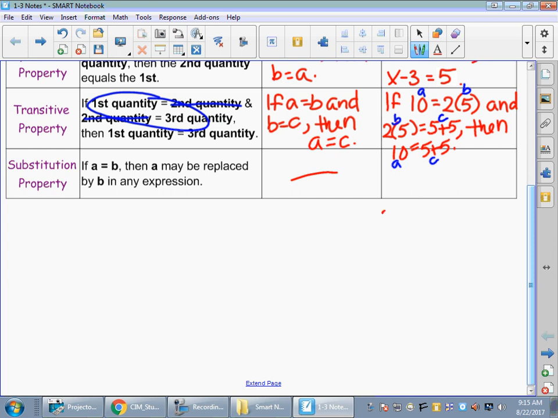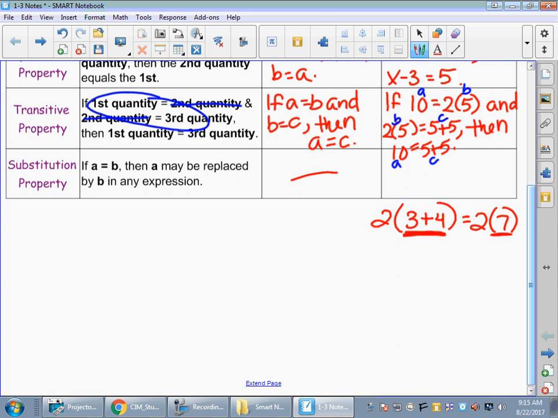So if I have 2 times the quantity 3 plus 4, that's equal to 2 times the quantity of 7. And what I did there, what changed, is I replaced 3 plus 4 with 7 because I know they're equal. I know that 3 plus 4 is equal to 7, so I replaced it. The rule that allows me to do that is substitution.